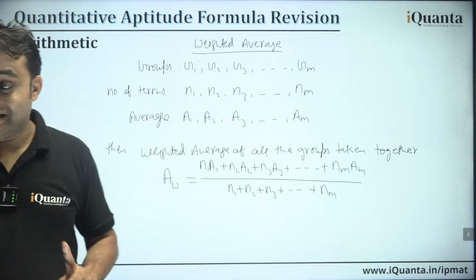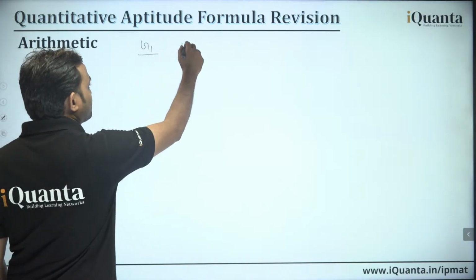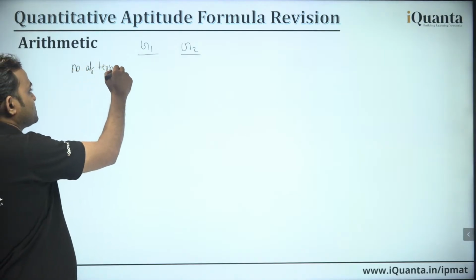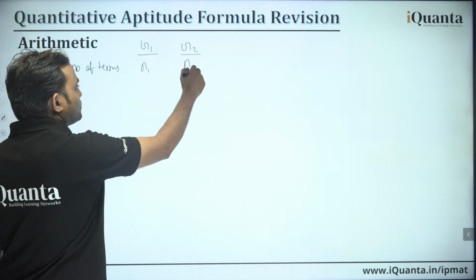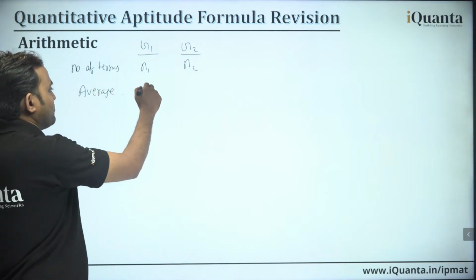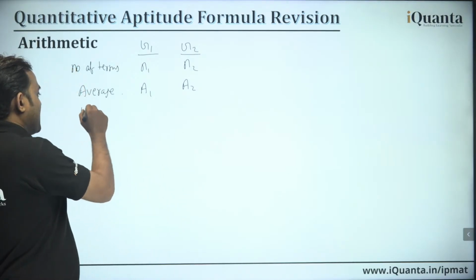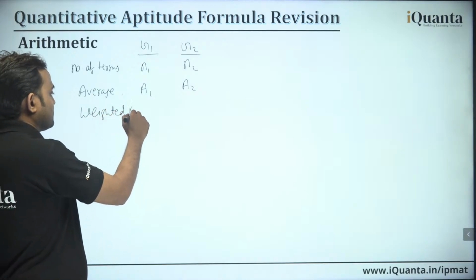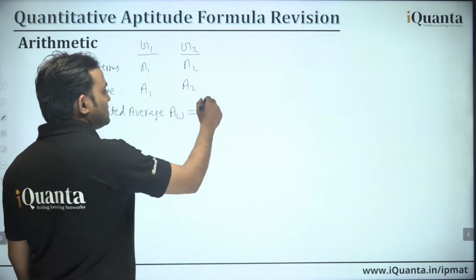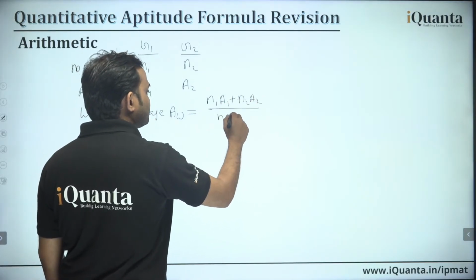Now, if we consider only two groups, group 1 and group 2, with number of terms N1 and N2, and the averages of these groups A1 and A2, then the weighted average AW will be equal to N1 A1 plus N2 A2 divided by N1 plus N2.